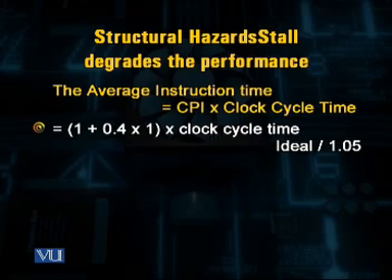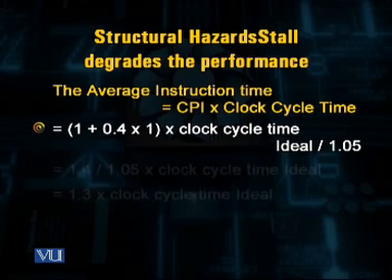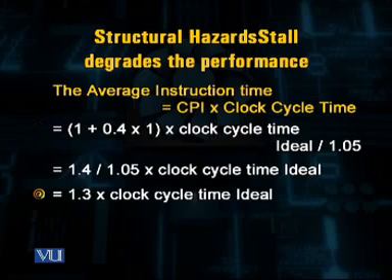This gives us a value which results in 1.3 multiplied by the ideal clock cycle time. It shows that the processor without structural hazard is 1.3 times faster as compared to the processor with structural hazard.